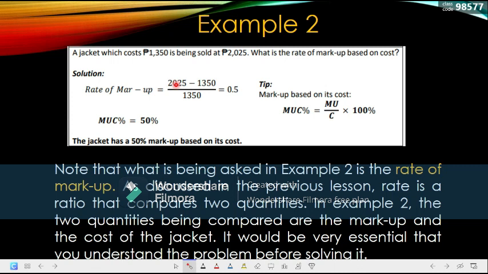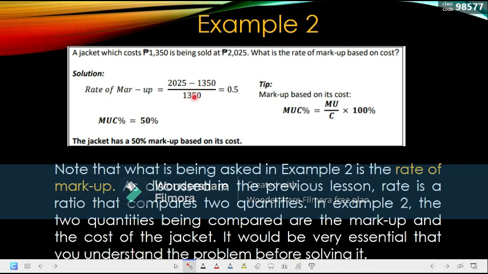So, a jacket which costs 1,350 is being sold at 2,025. Therefore, this is now the selling price. Now, we have here the selling price minus the cost price over the cost price, so we will get the rate of markup based on cost.